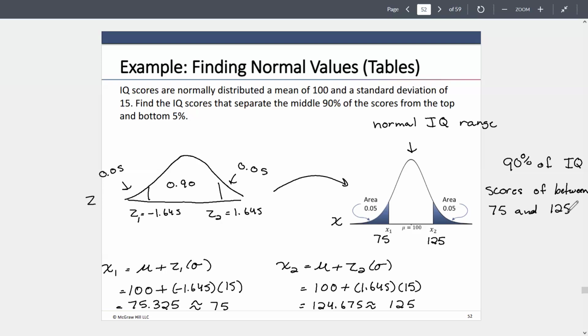But once again, like I said, we decided that 90 should represent basically what is normal. So we go backwards and we try to figure out this range of what's considered a kind of normal IQ.